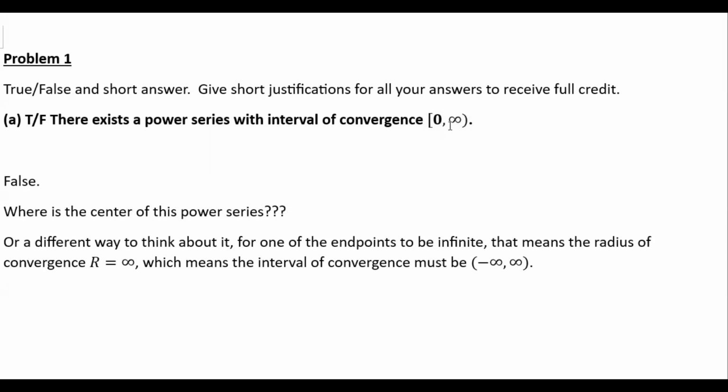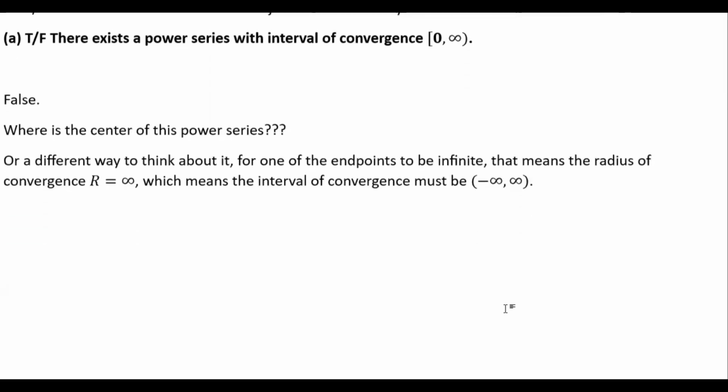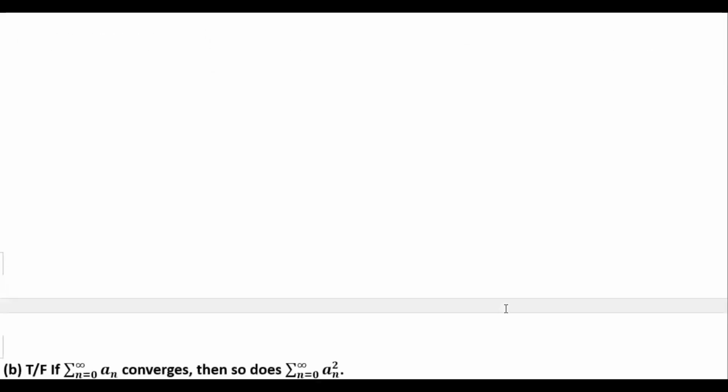So it's impossible for there to be such an interval of convergence. And as I was saying, where's the center? Well, in this case, even though it's not technically the center, if my understanding of infinity is correct, you can kind of imagine the center of negative infinity and infinity is 0. Okay, that's part A.